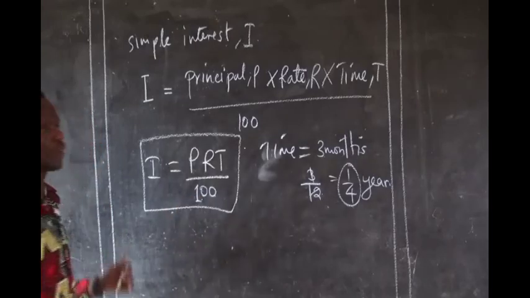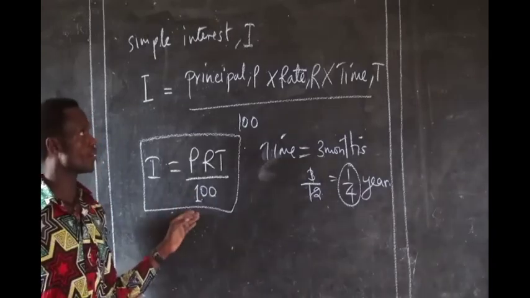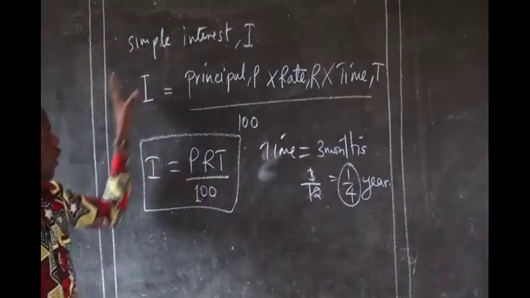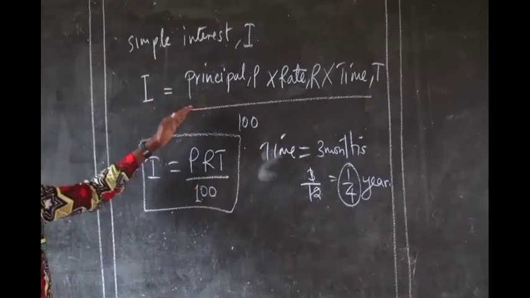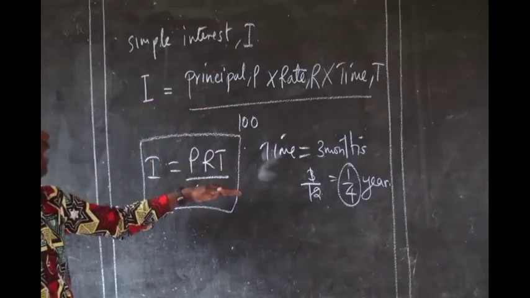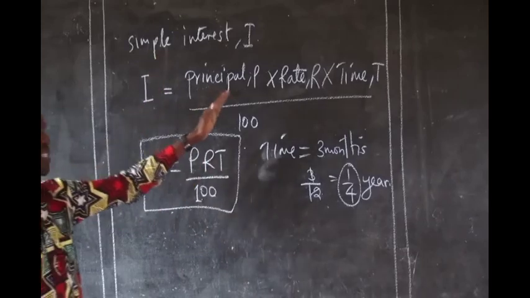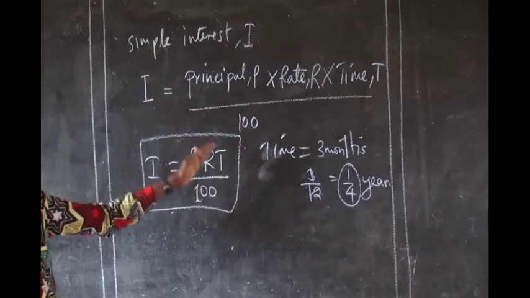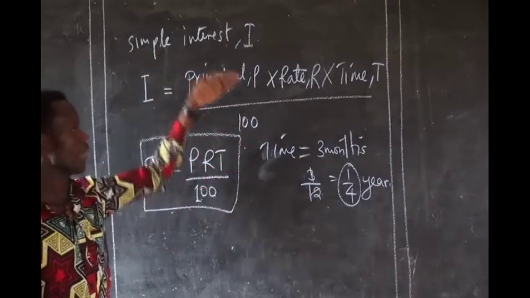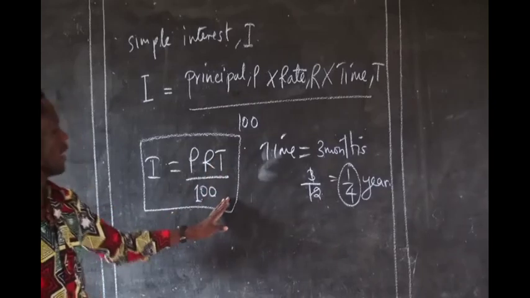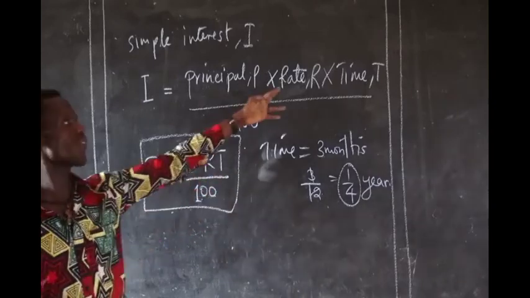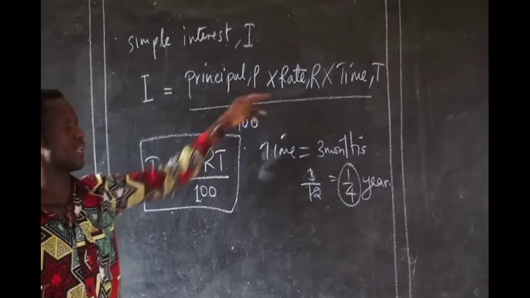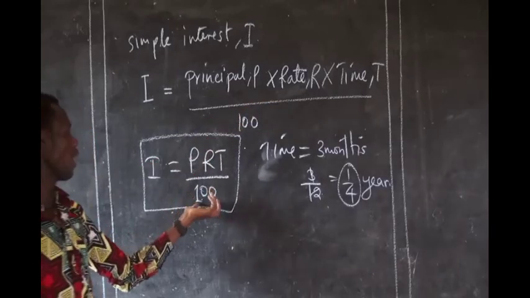P is principal, the initial amount that we are keeping in the bank, and rate is expressed in terms of percent. That is the profit that we get, and then time is expressed in terms of years. Over 100. Why is it over 100? Because this rate is expressed in terms of percentage, and that's why we have put it over 100.